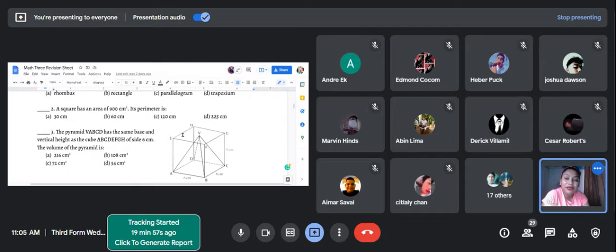Number two, if a square has an area of 900 centimeters, what is going to be the perimeter? What do we need to know in this question to be able to find the perimeter of a square?